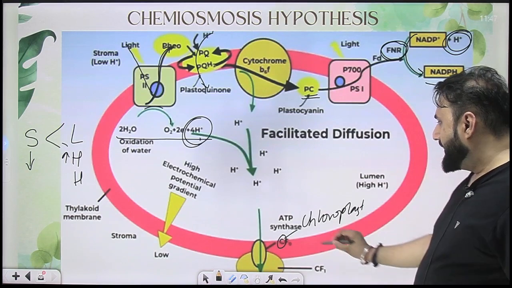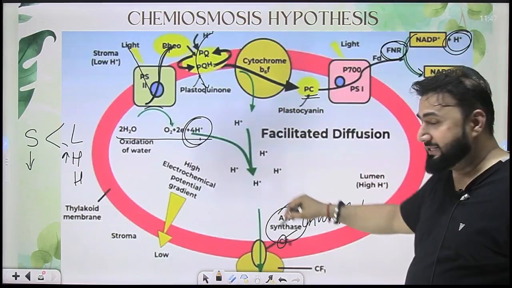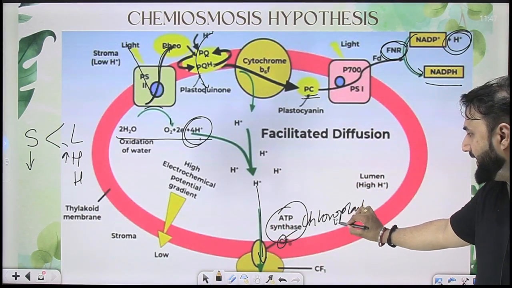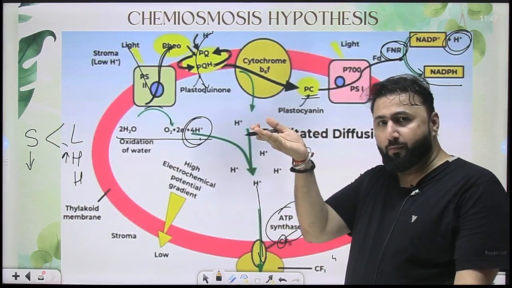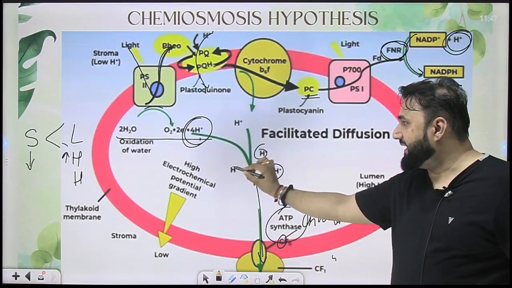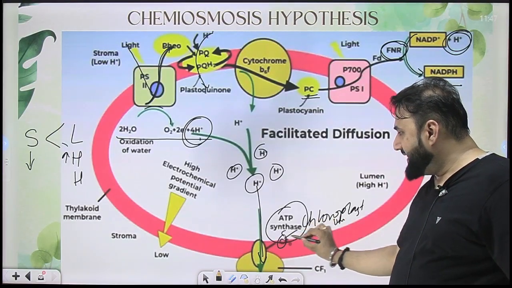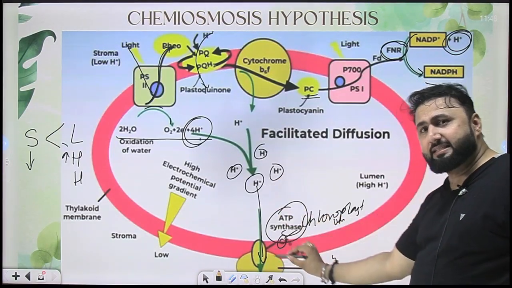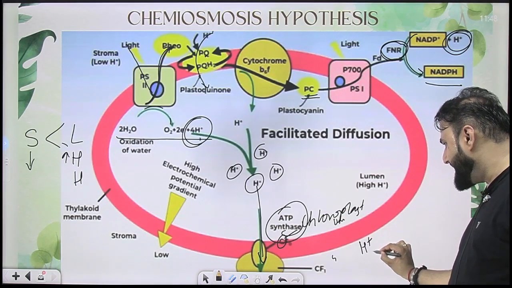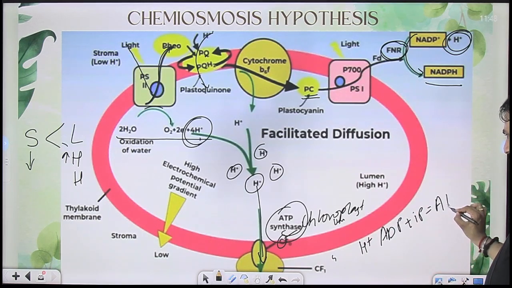Now here also ATP synthesis is there. H plus ions are increased in the lumen, and they pass from lumen to stroma for balancing. While balancing, these H plus ions have energy. While letting the hydrogen pass from inside to outside, ATP synthase takes this H plus ion energy to convert ADP plus inorganic phosphate into an ATP molecule.